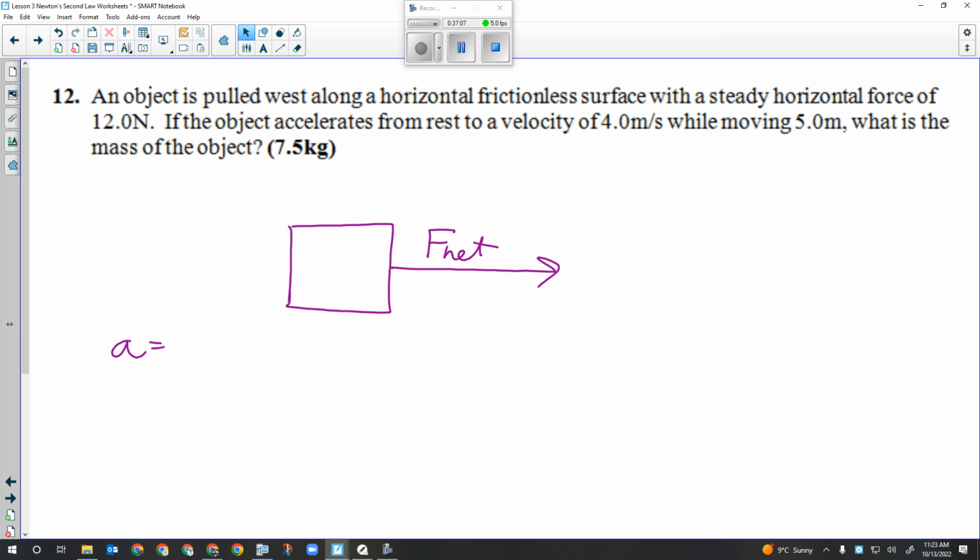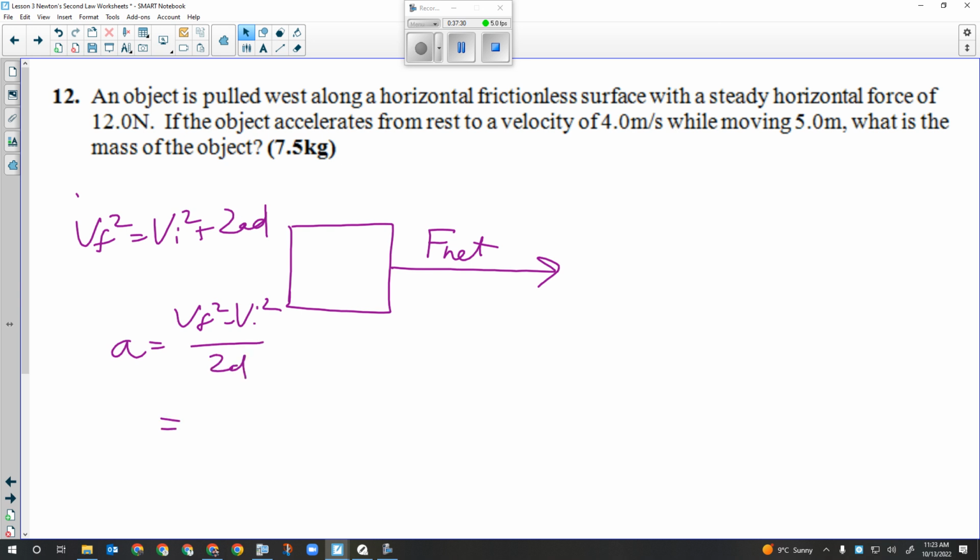I know that it accelerates from rest to 4, moving 5 meters. So I'm probably going to be using this formula, because I'm looking for a, and I know the two v's and d. So I'm going to have vf squared minus vi squared over 2d.